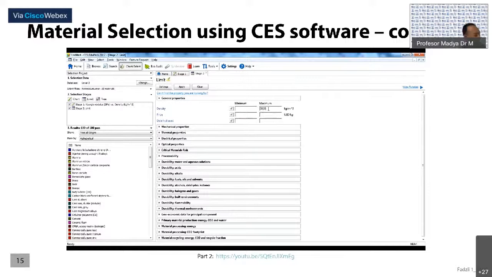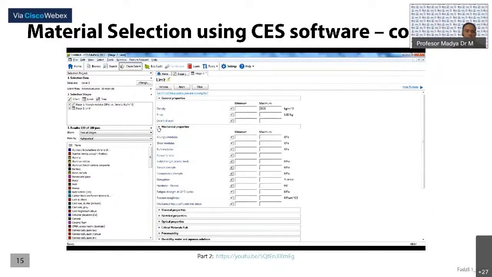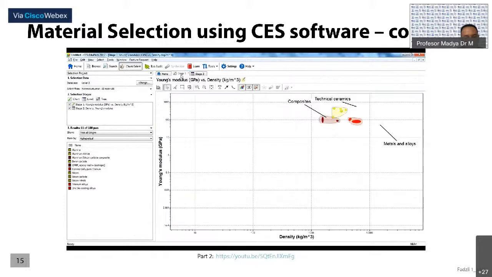So now I'm only concerned about density, and the other limiting condition is E, Young's modulus, bigger than 100 gigapascals. So I go to mechanical properties, and I want this to be minimum 100 gigapascal. When I do this, I apply it. As soon as I apply it, if I go back to this stage, I see only a few types of materials are left.